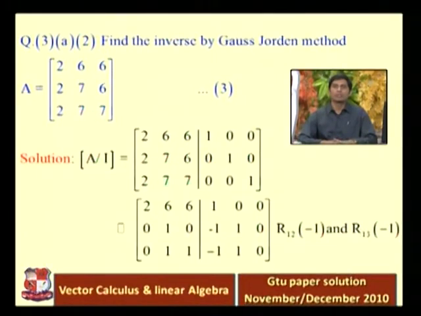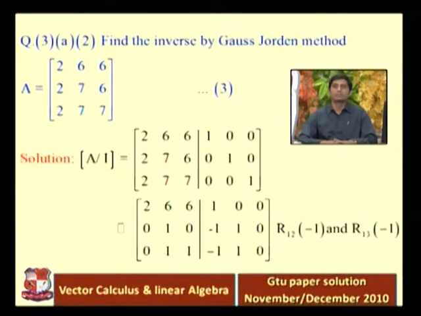So using the Gauss-Jordan method, if you want to find the inverse of any given matrix, what do we have to do? We use an augmented matrix with the notation A | I, where I means the identity matrix. First we write the given matrix, and next we write the identity matrix.